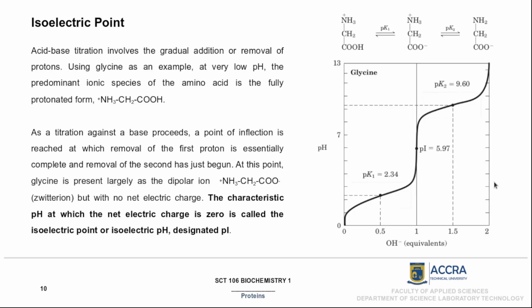Having gone through this, let's look at acid-base titrations, and specifically at the term isoelectric point in acid-base titrations. Now, acid-base titrations involve the gradual addition or removal of protons. Using glycine as an example, at a very low pH or in an acidic medium, the predominant ionic species of the amino acid is the fully protonated form.